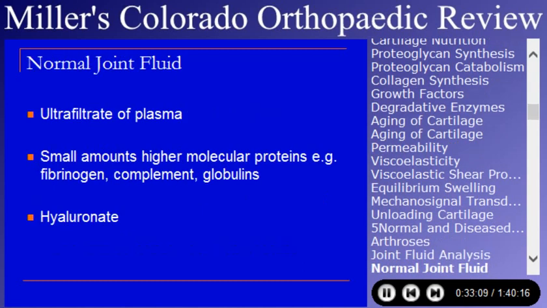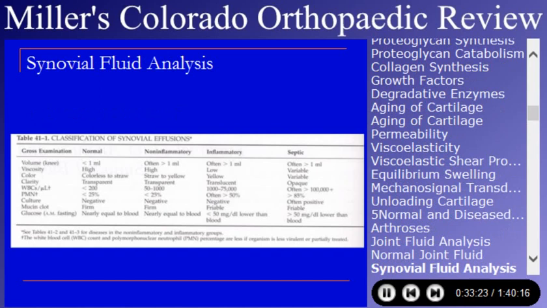Joint fluid is an ultrafiltrate of plasma. It has a fair amount of hyaluronate in it and smaller amounts of other proteins, including fibrinogen, complement, and various globulins. Joint fluid analysis is something that you will be involved with on a regular basis.